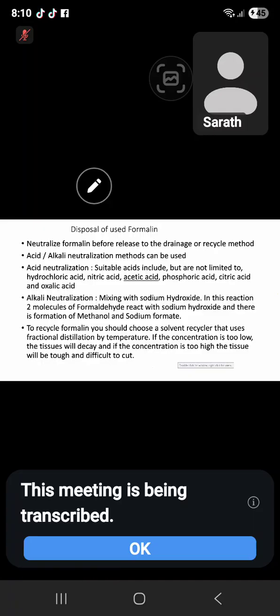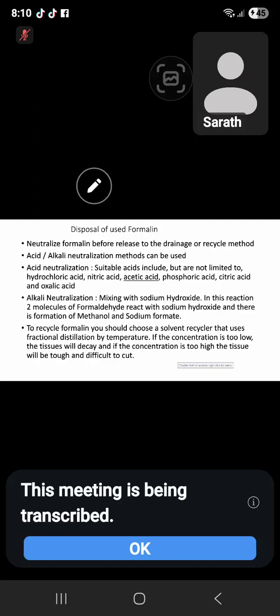Totally wrong. If you allow it to go into the septic tank, the septic tank will be destroyed, because formalin kills the organisms, and the function of the septic tank will be affected. So do not allow formalin to go into the septic tank. It is a wrong procedure.